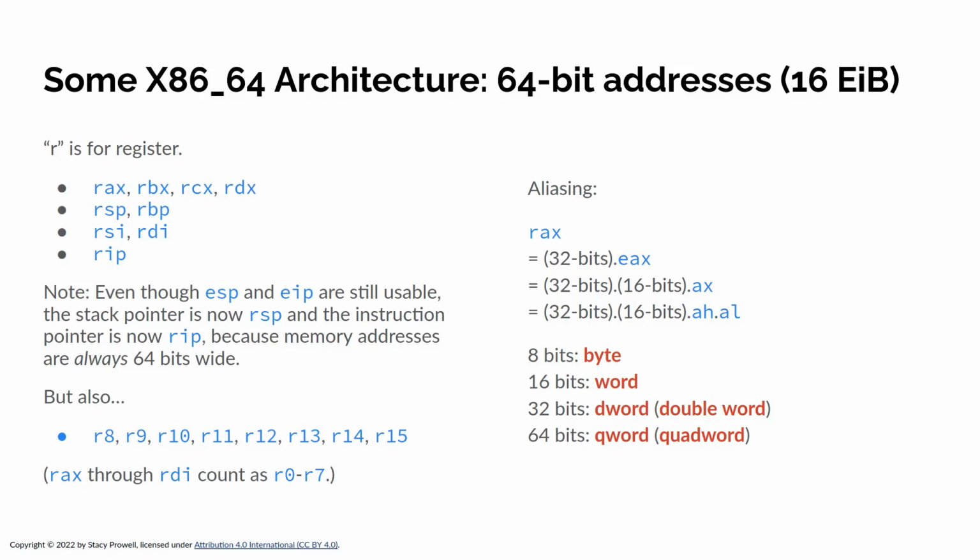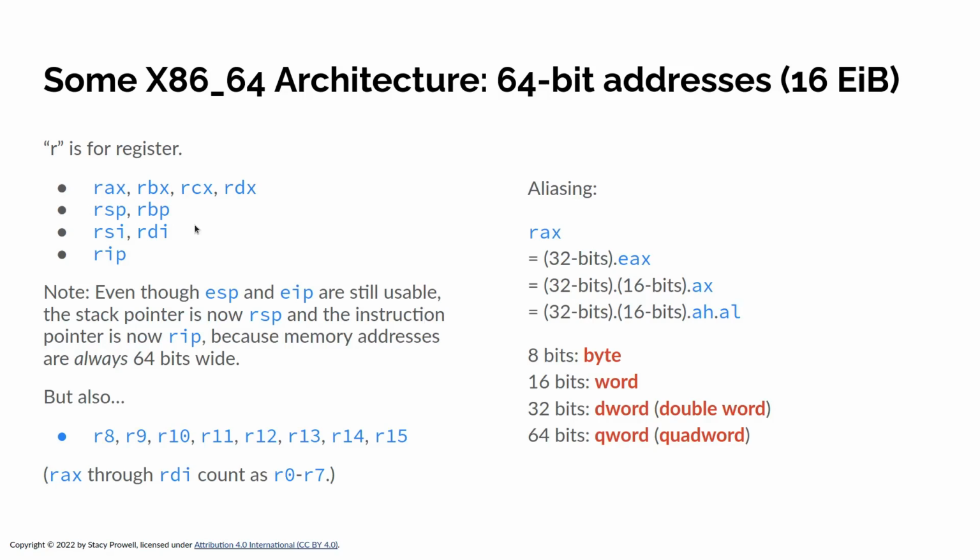The Intel version of the ARM version is almost exactly the same. There are some obscure differences between 64-bit ARM and 64-bit Intel that we won't go into, but they're almost exactly the same. So here R is for register, and we have RAX, RBX, RCX, RDX, and so on. So these are now 64 bits.